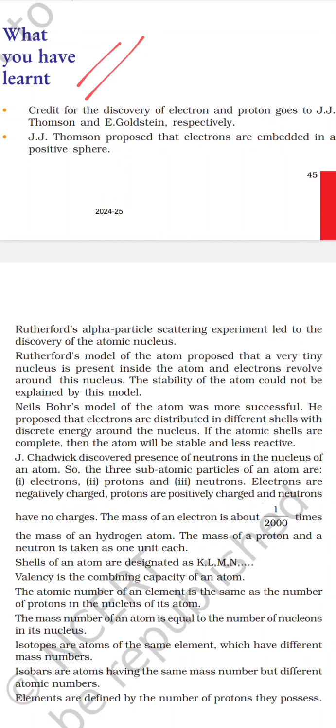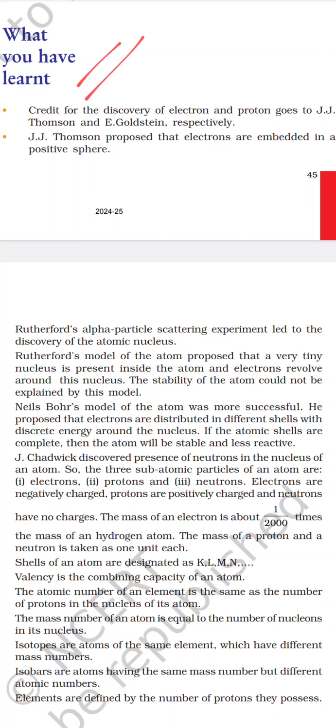So the three subatomic particles of an atom are electrons, protons and neutrons. Electrons are negatively charged, protons are positively charged and neutrons have no charge.